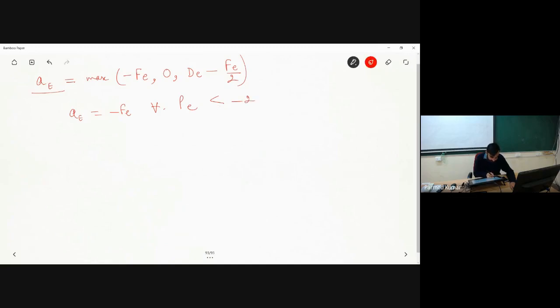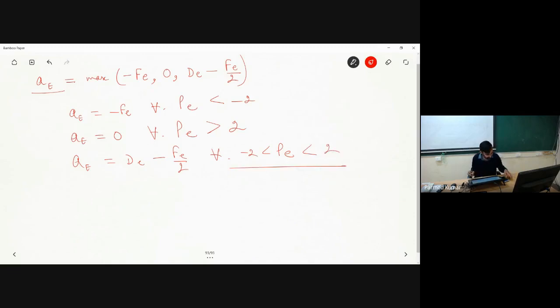And AE will be equal to 0 when our Peclet number is greater than 2, and AE will be equal to DE minus FE divided by 2 for Peclet number in between minus 2 to 2. Is this point clear? How I have written these conditions over here. So these conditions are nothing but coming from the curve only. Okay. So is this point clear?